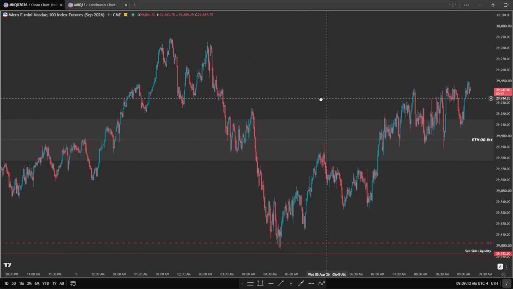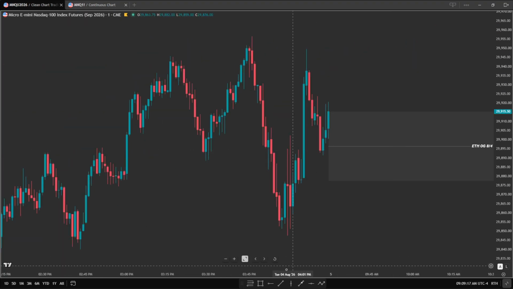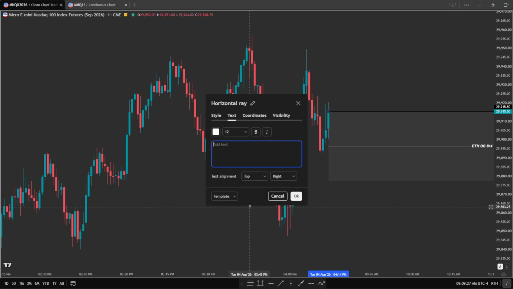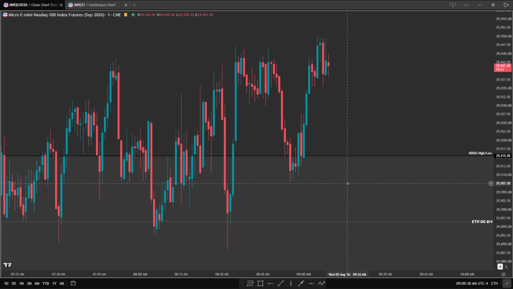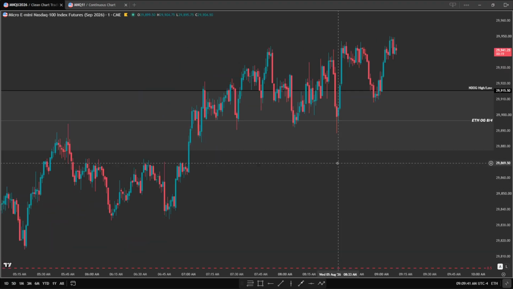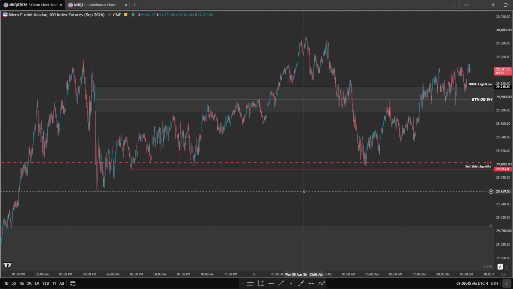Not much to do now other than just wait. So I'll annotate the new day open gap. Okay. Looks like it's going to be a small new day opening gap today. It's right over top the electronic trading hours opening gap, so that's interesting.